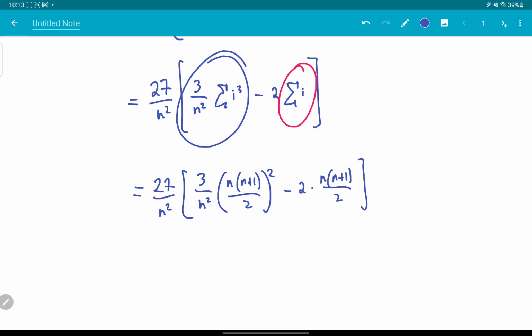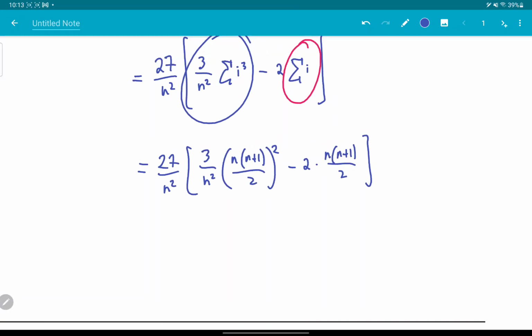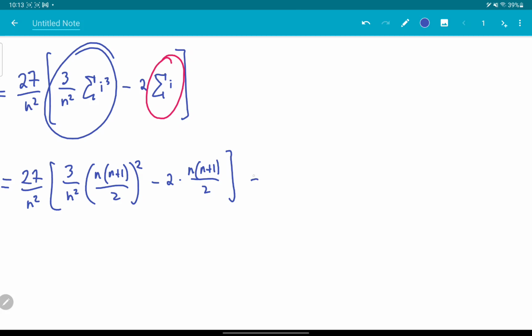Okay, simplify. Let's see what we can do. I think that we're going to move over here now. Let's do that square there. 3 over n squared dot n squared, n plus 1 squared all over 4.